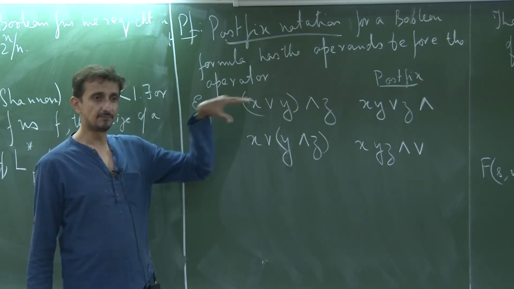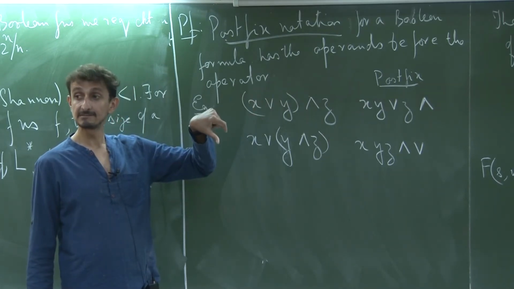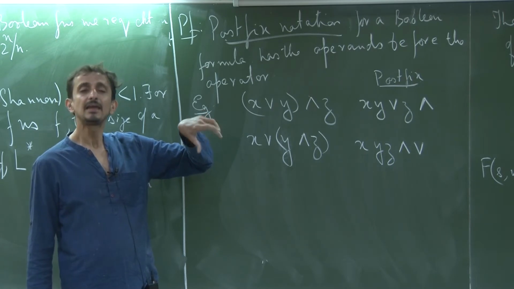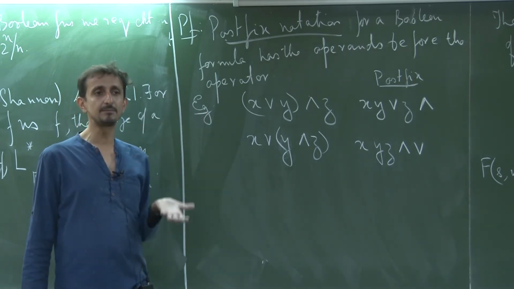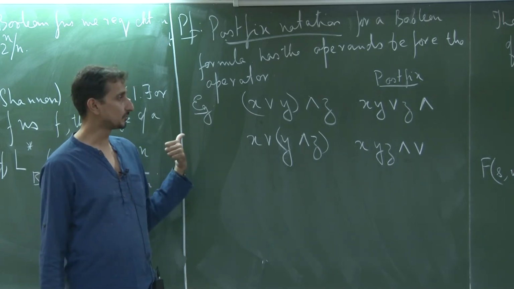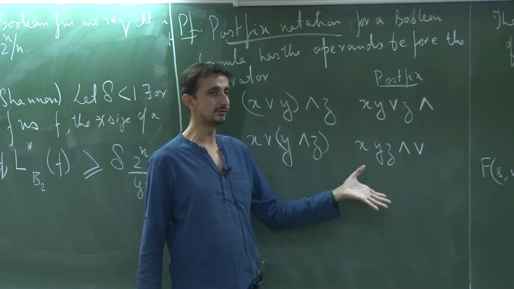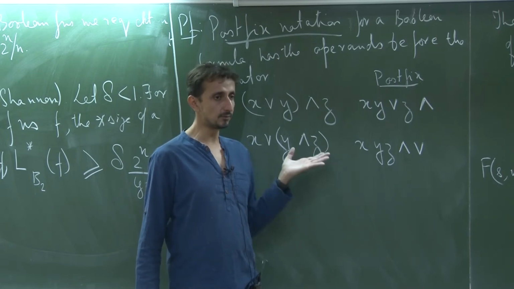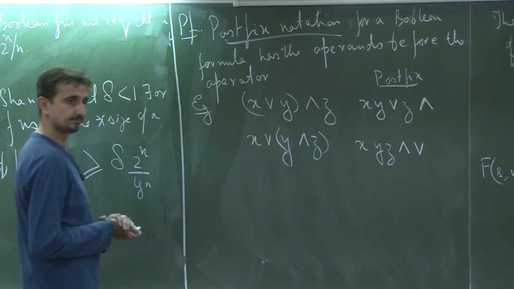What is the advantage of postfix notation? It eliminates the requirement of brackets or parentheses. Once you give a postfix notation, you do not need to put parentheses anymore if you write the notation carefully.